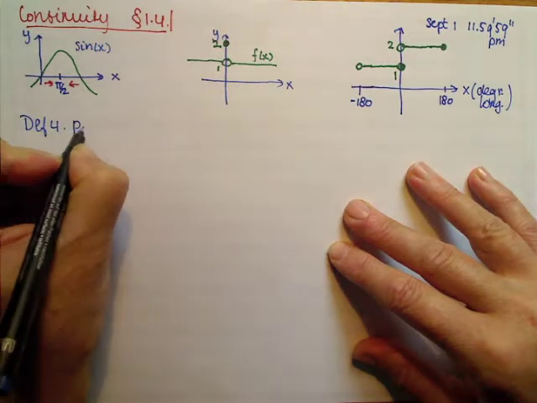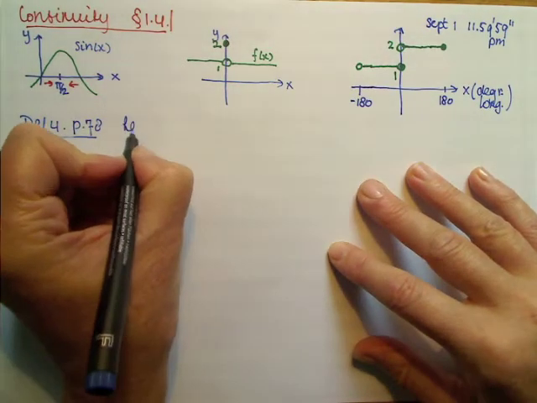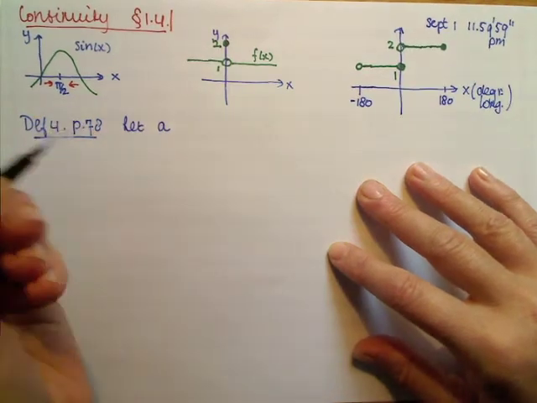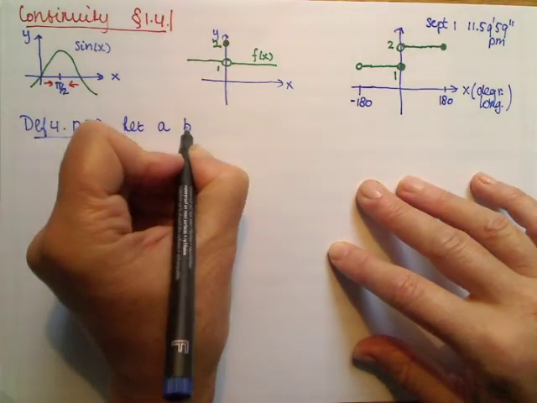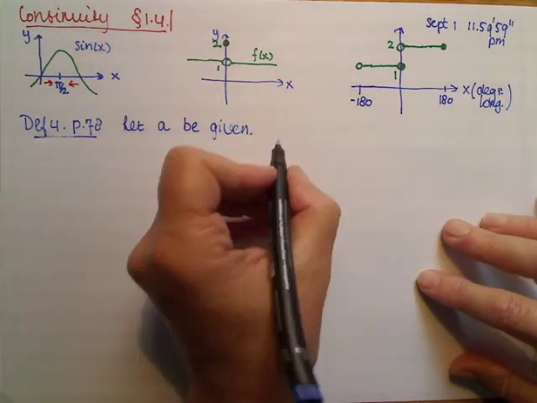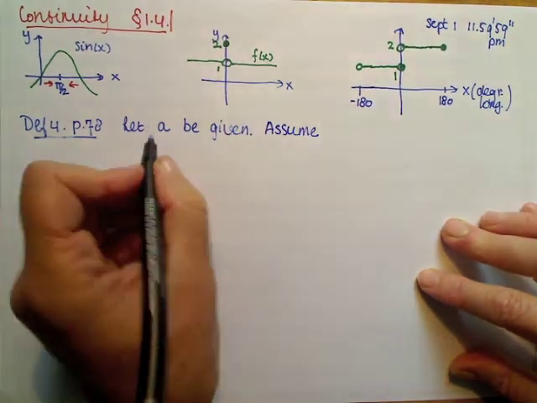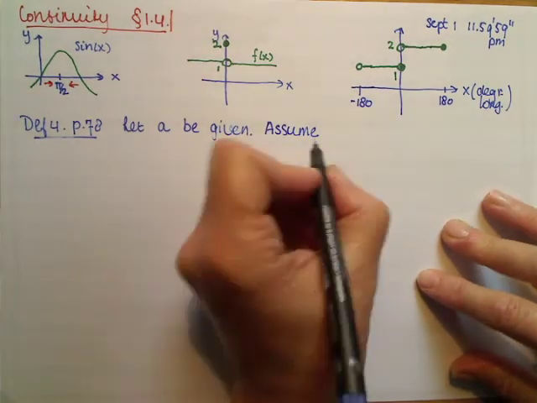Definition 4 on page 78. And since we look at points, we call A our point of interest. So A is given, and we assume that the function is defined around this point A, otherwise we cannot speak about limits at all.